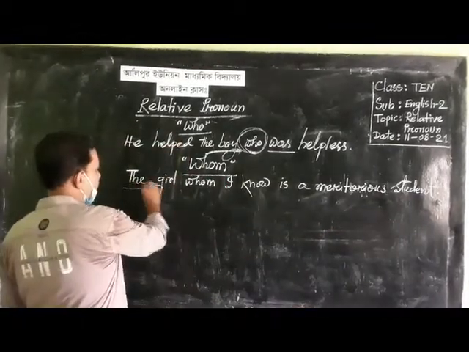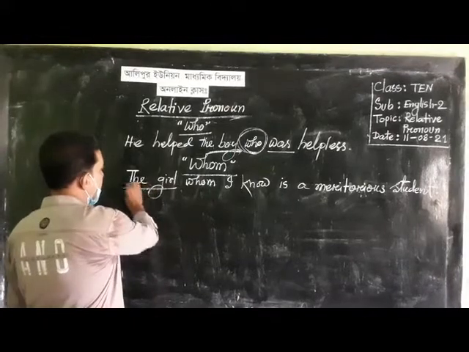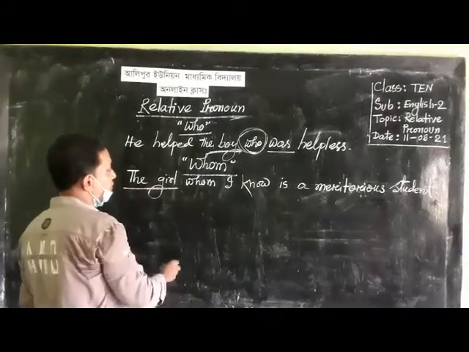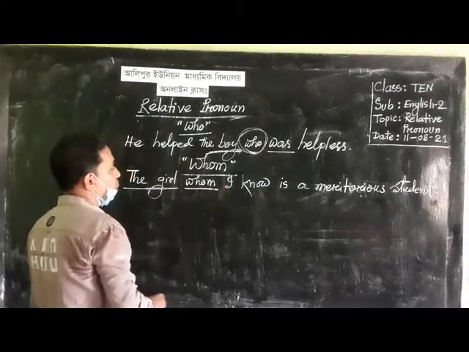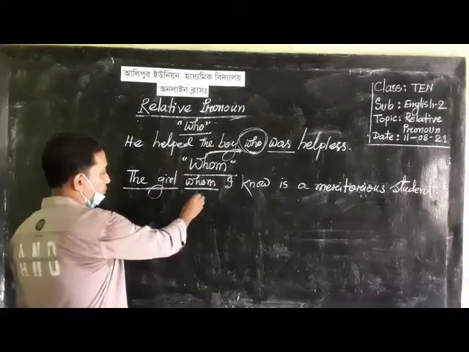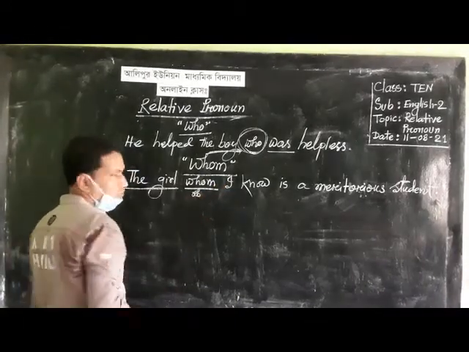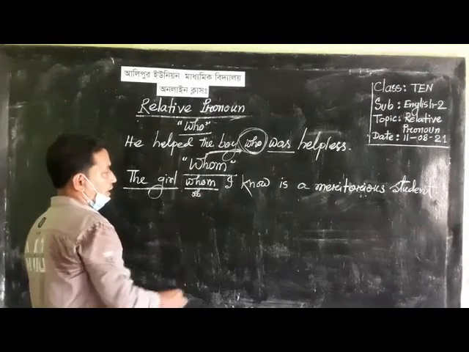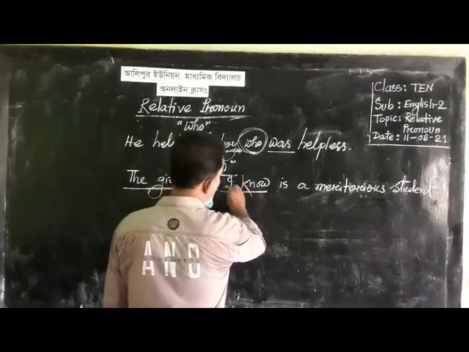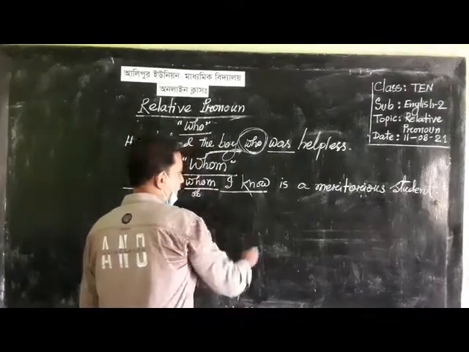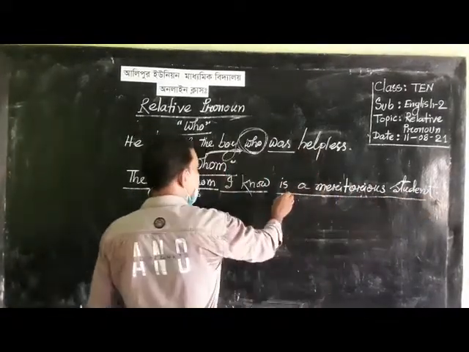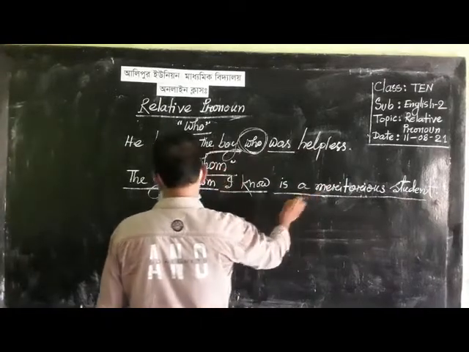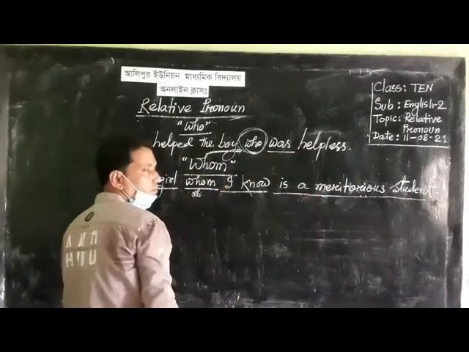The girl is the antecedent preceded by relative pronoun whom, and it is object. I know is another clause, and is a meritorious student is the predicate of the subject girl.